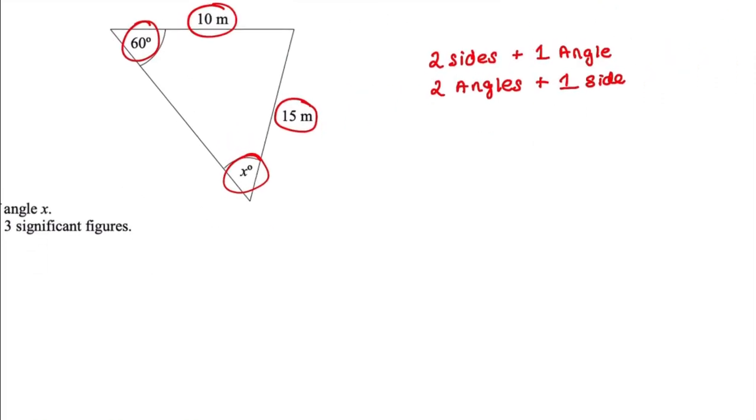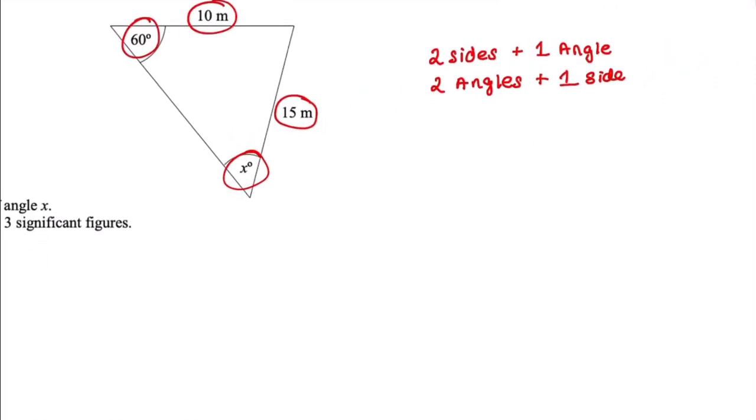Remember the sine rule for working out the angle: sine A over a equals sine B over b equals sine C over c.